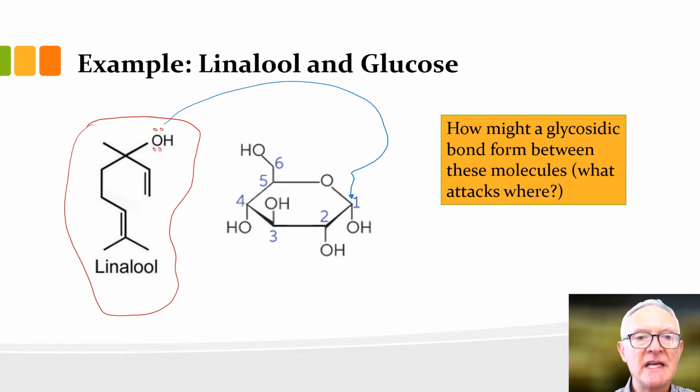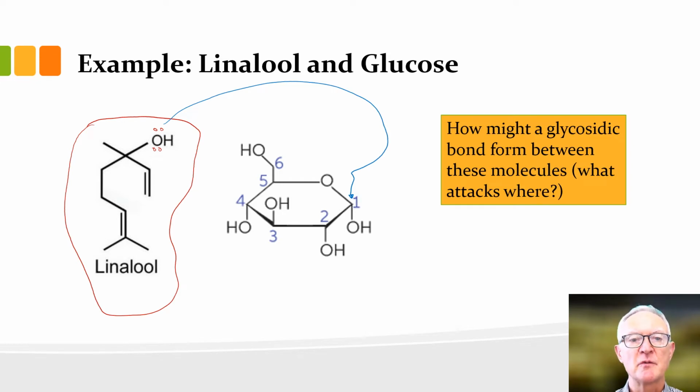So we've got a hemiacetal in the sugar right now, and we could have one more attack by an alcohol to form an acetal. Remember, an acetal is the reaction of an aldehyde or a ketone with two alcohols, and this is an example of one alcohol having already attacked the carbonyl group, the aldehyde in this case with glucose, and that was the intramolecular attack by the hydroxyl on carbon 5.